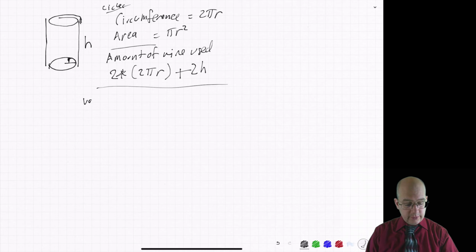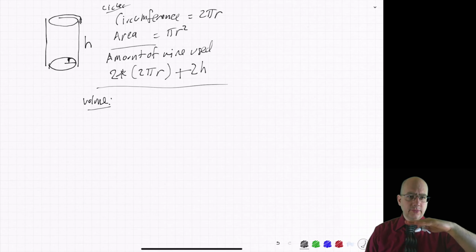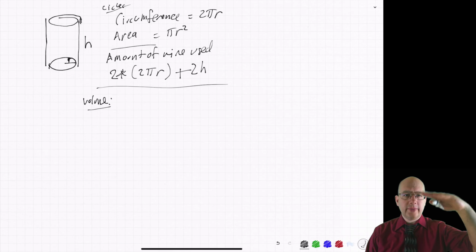So the volume is essentially you take that surface area at the bottom, and you just kind of think of layering that all the way to the top. And how many layers? Well, that's the number, kind of the height.